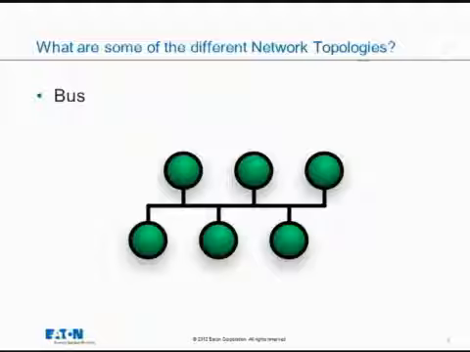The beauty of this is that on this topology, you can add devices. Whereas on the linear one, if you wanted to add a device in the middle, you had to break the network and add the device. Here we've got a trunk line or bus structure where, if we needed an extra node, the bus typically wouldn't be that short, it would be long, we would just add another device right on the network. So that's a bus structure.